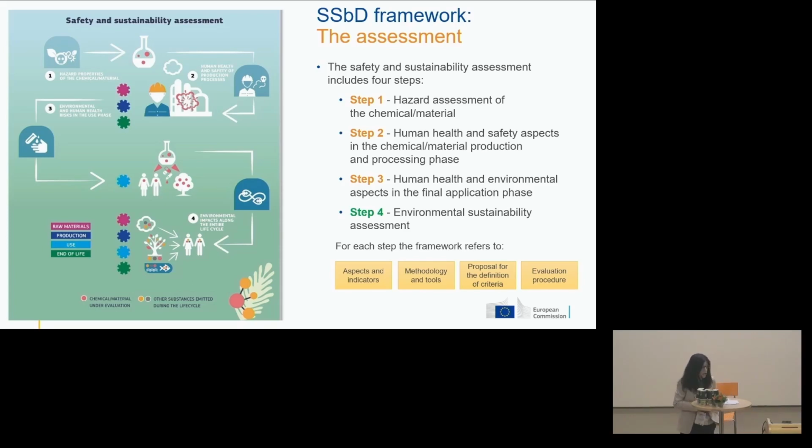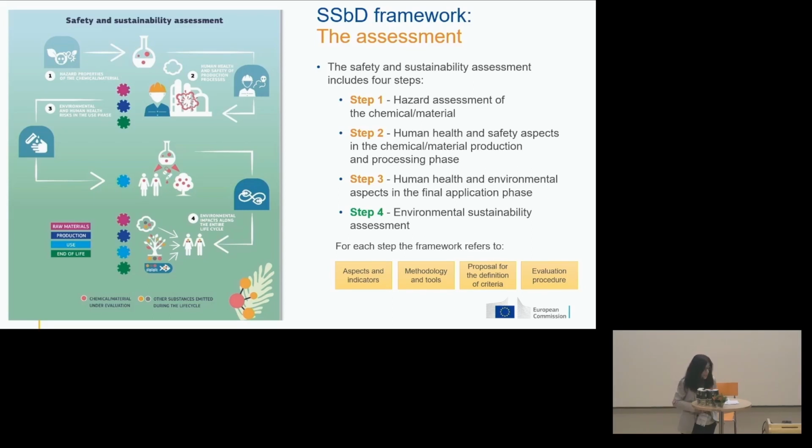And that's the reason why the framework proposes a stepwise approach, starting from the hazard identification of the chemical material, moving then to the risk associated to these chemicals and materials during the production and processing phase of the chemical at the industrial cases, and then the same with the final consumer application phase. And step 4 is the one addressing the environmental sustainability impacts.